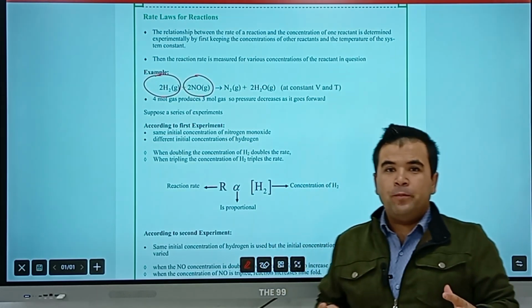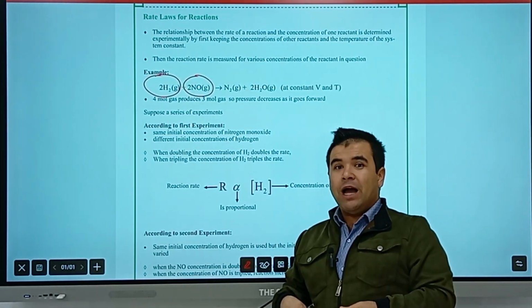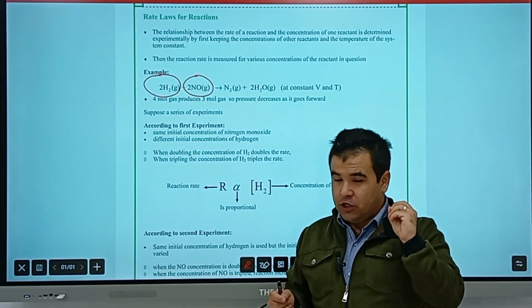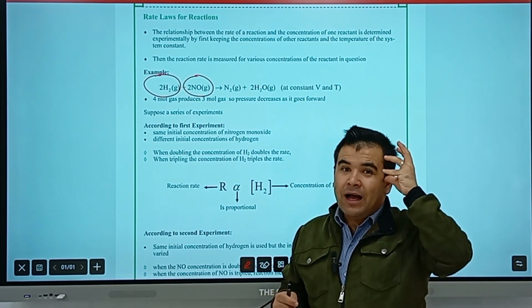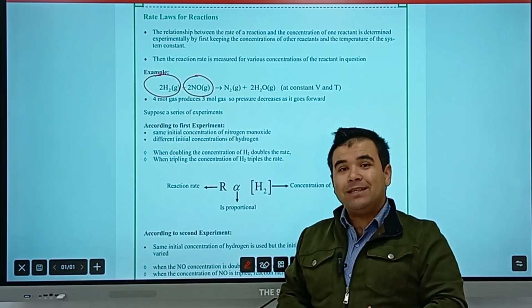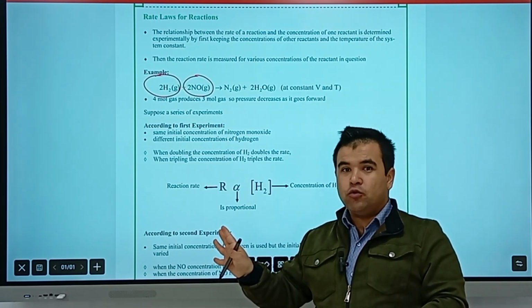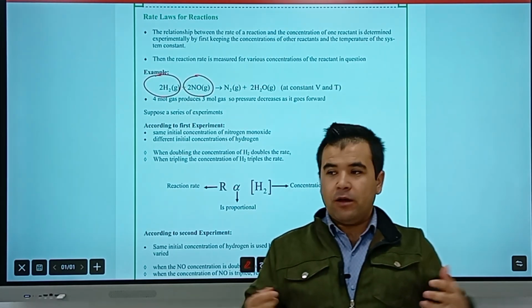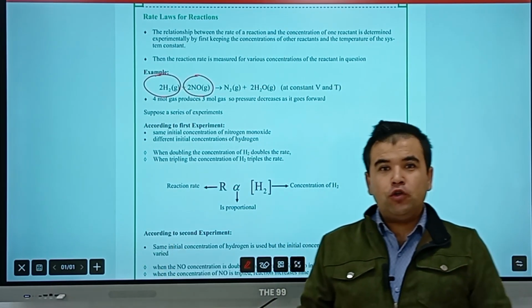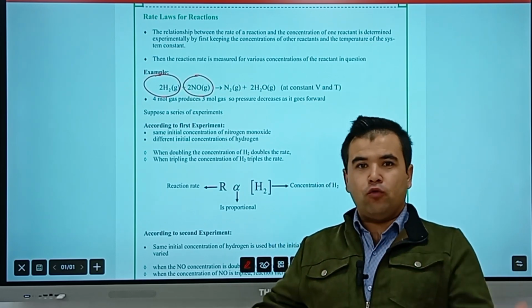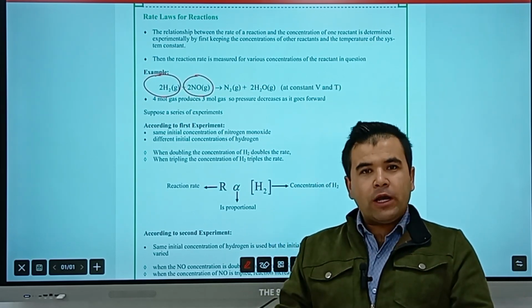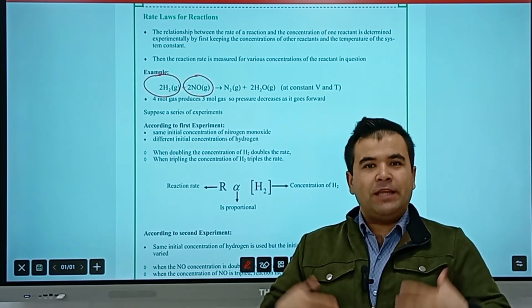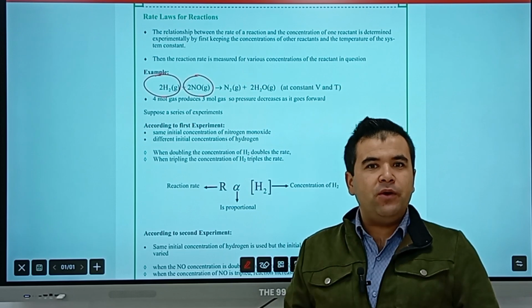In order to know the effect of individual reactants, we have to change the concentration of that reactant and let the other reactants be constant. Because whenever I do something with a group, in order to know the effect of me in the group, I have to walk and then the rest in the group stop walking. So the effect of me will appear.